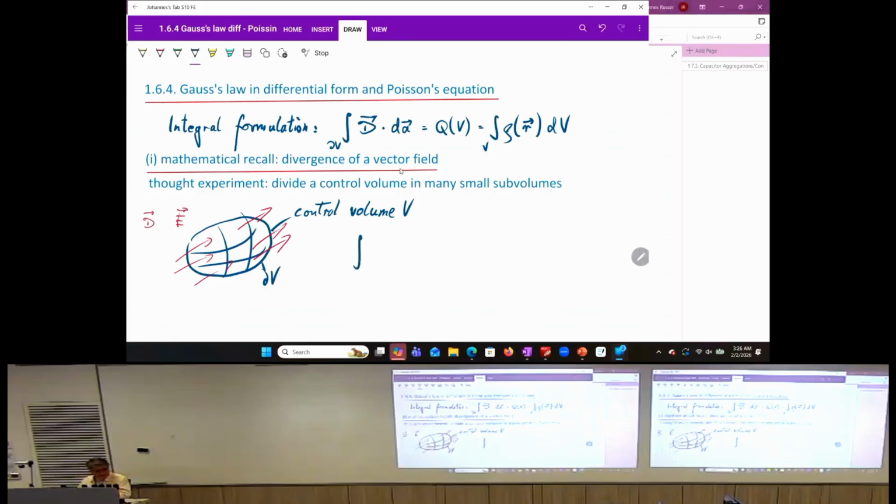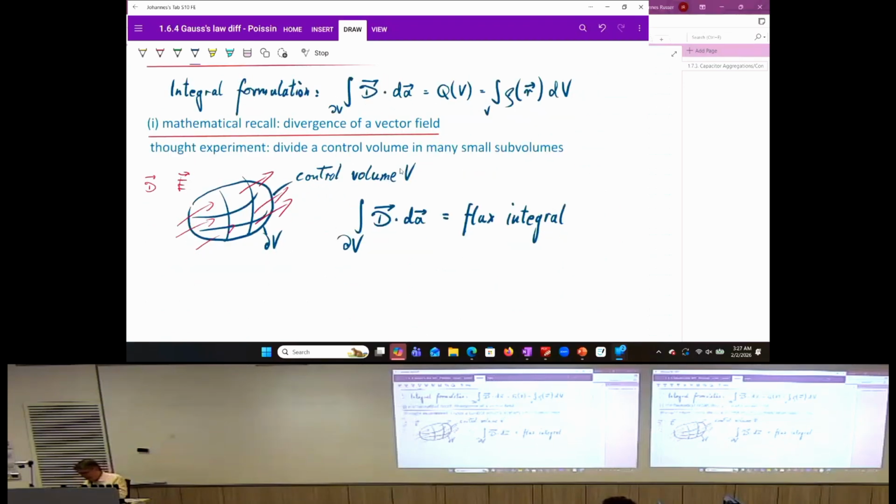The left-hand side of Gauss's law is our flux integral, right? This is our displacement field that we integrate over the vectorial surface element, and that gives us the flux integral.